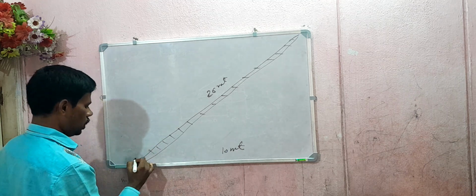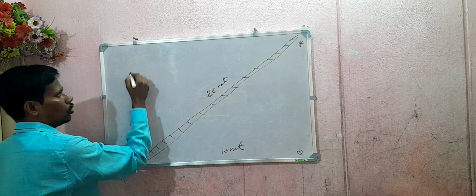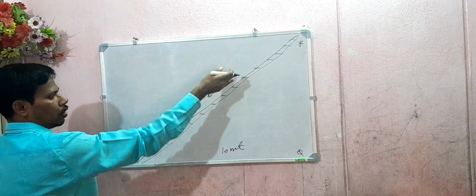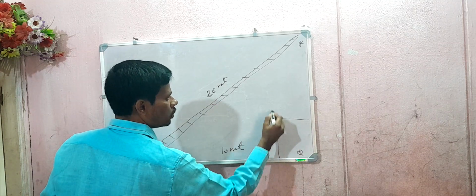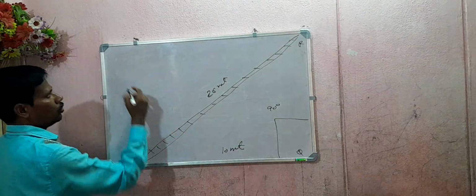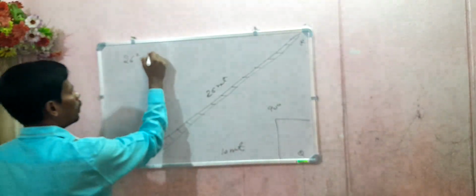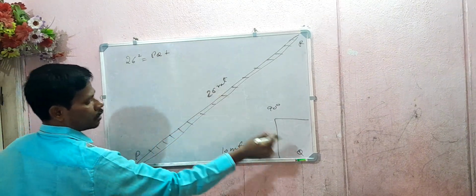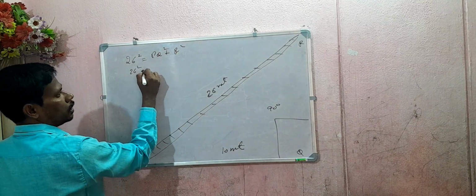What is that equation? Let this be P, let this be Q, let this be R. So the ladder has now become the hypotenuse, because this is a right angle. So 26 square is equal to PQ square plus QR square.